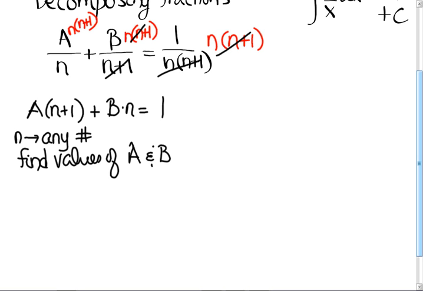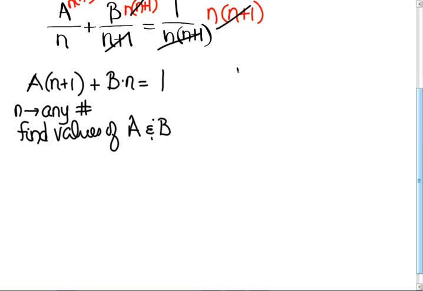And let n equal 2, and then you can solve it. But it's easier than that. Ori looks ahead and says, what if n is 0? Because n could be any number. Then this is a times 1 plus b times 0 equals 1. So a equals what? 1.